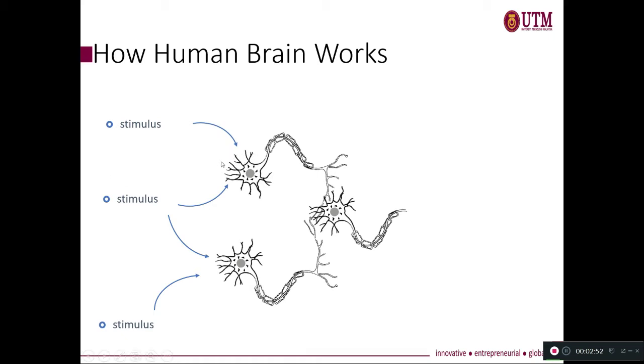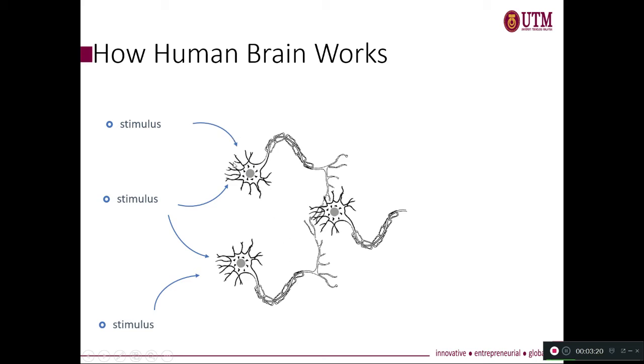From this dendrite, the center of the neuron will choose either to activate or not. So there's some filter there. If the information from this area is not important, let's say, but this one is important, then this one will activate or fire, and this one is not firing. The one that is firing will pass the signal through this axon.